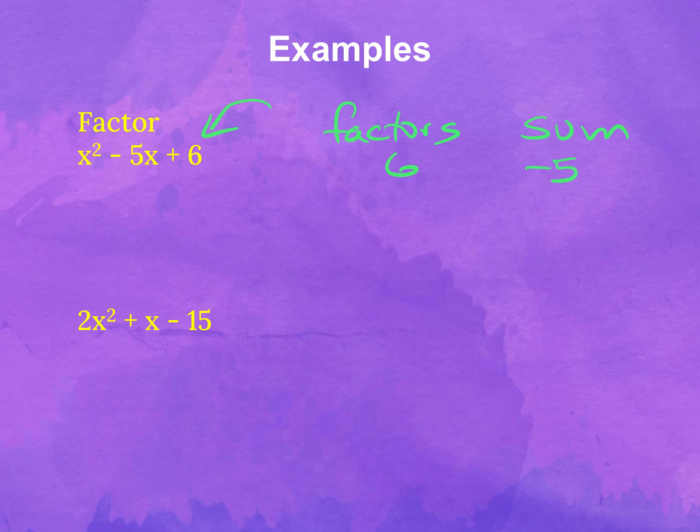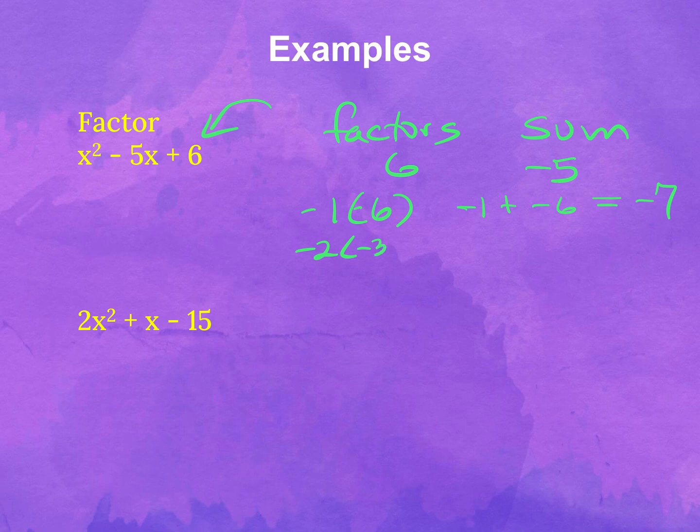When the number in front of x squared is a 1, you don't have to do the factor by grouping. You can, but it's a lot easier just to list the factors of 6 and then find the ones, and they both have to be the same sign, and they're both going to have the sign of the middle. So if I do -1 plus -6, this gives me -7. That pair of factors doesn't work.